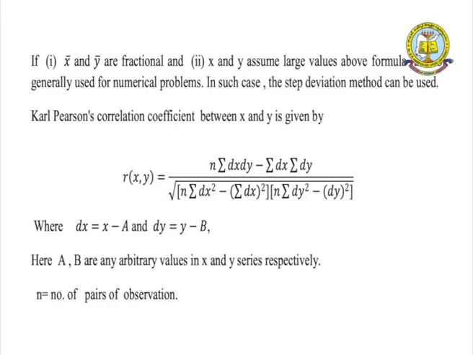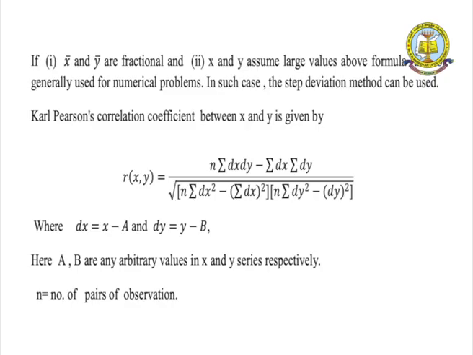If x bar and y bar are fractional and x and y assume large values, the above formulas are not generally used for numerical problems. In such a case, the step deviation method can be used. What is the step deviation method actually?